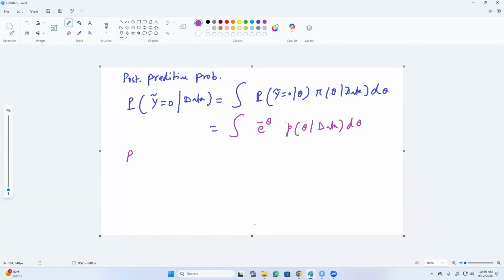Again, I can calculate the posterior predictive probability of a new observation to be 1.